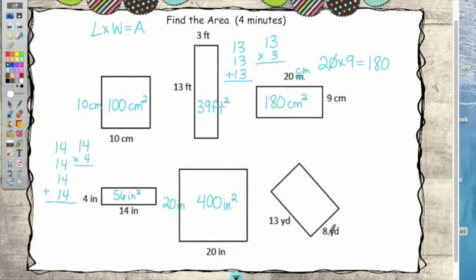So 13 times 8. 104. Would you like to hear a couple ways the kids did it without actually writing down 13 times 8 standard algorithm? Micah said, Mrs. Lewis, you could just do 12 times 8, which is 96, and then add 8. Is that 104?